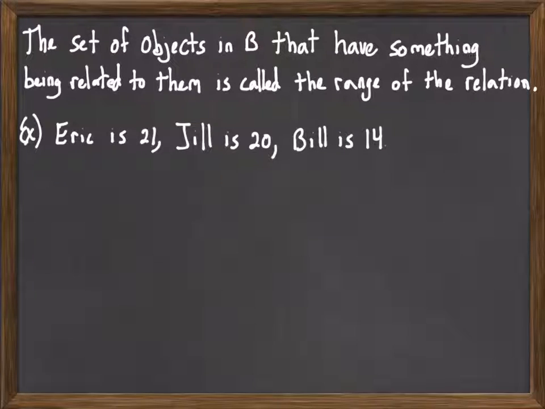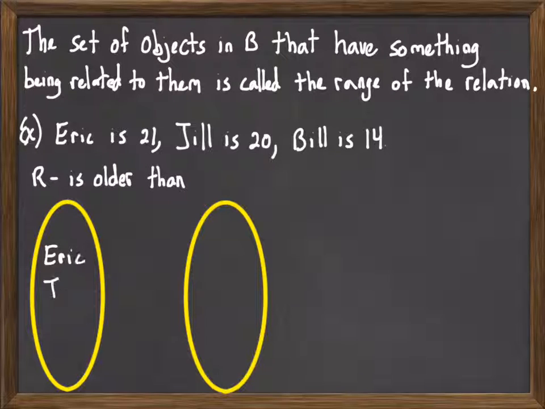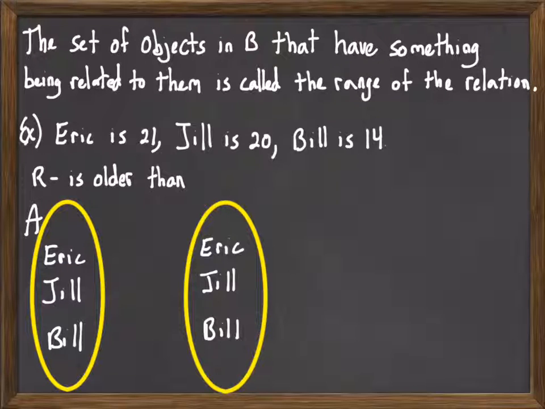For example, consider the following group of 3 students: Eric, Jill, and Bill. Eric is 21, Jill is 20, and Bill is 14. Our relation we're going to define as "is older than." So if we take our group of 3 students, Eric, Jill, and Bill, and write those down as sets A and B, then Eric would be related to those people that he's older than.